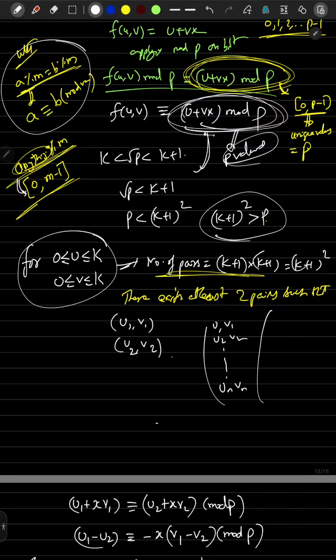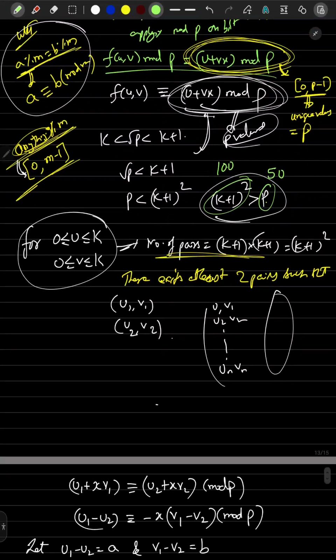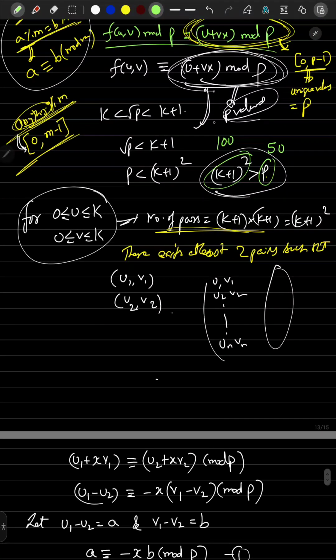Maybe. Let's say this is 5, this is 100 and this is 150. So I am having 100 inputs.